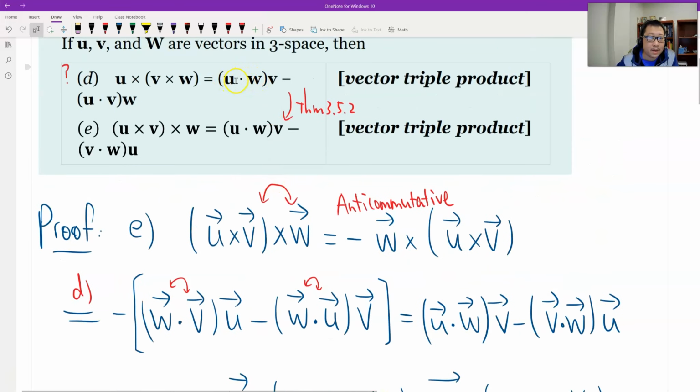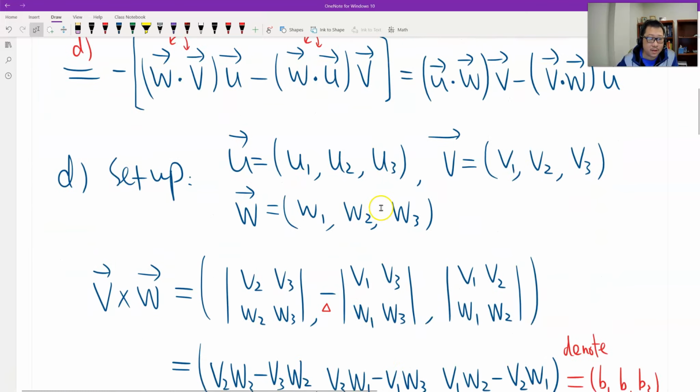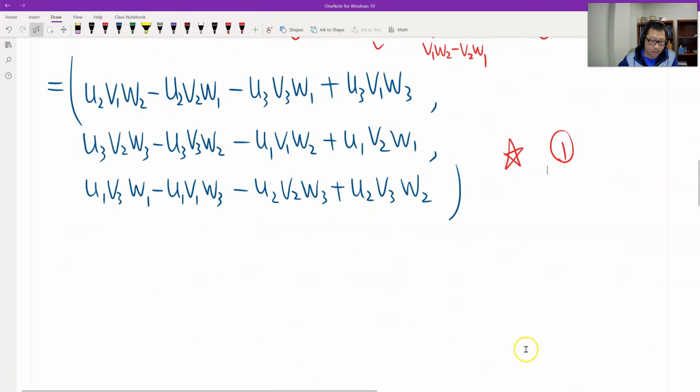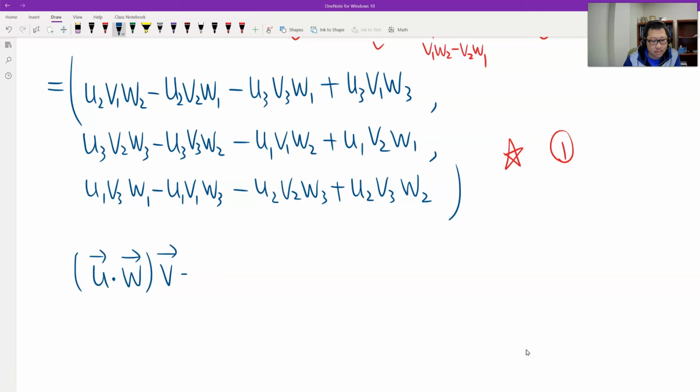I can copy. So U, W, U, V. Now I calculate U dot W times V minus U dot V times W, which is the right side.